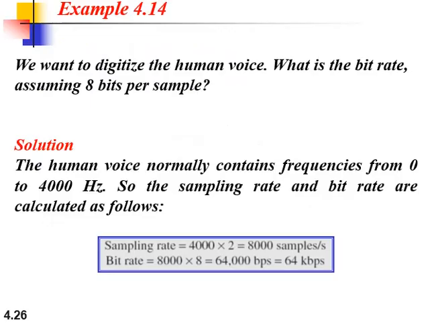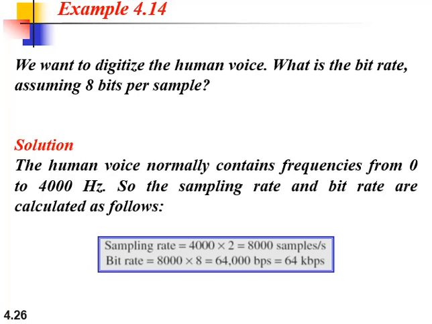So the sampling rate and the bit rate can be calculated like this. Sampling rate is double the maximum normal human frequency, and bit rate will be the samples per second multiplied by the number of bits per sample.